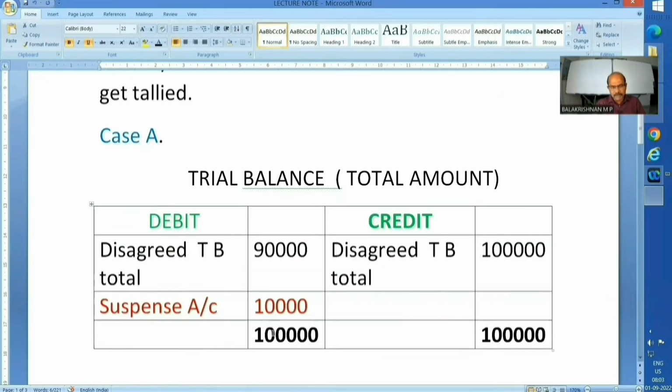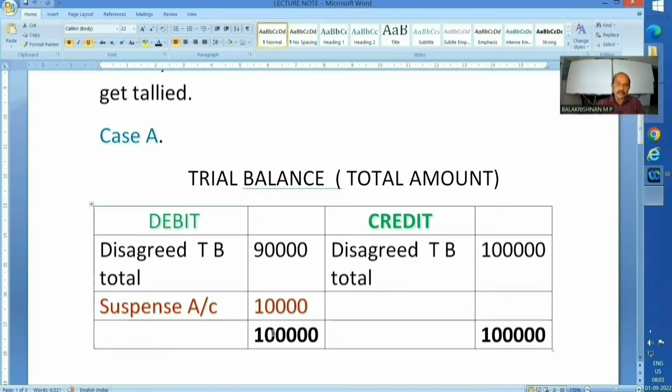For example, let's see case A. In the trial balance, the total amount in the credit side is 1 lakh, whereas in spite of the best effort, the debit side is only 90,000. Obviously, there is a 10,000 rupees difference in the trial balance. So, what the accountant will do is show this 10,000 against a suspense account in the debit side and have it tallied.